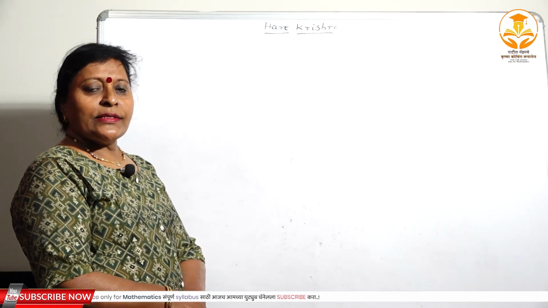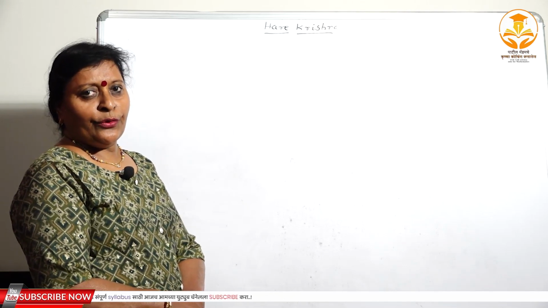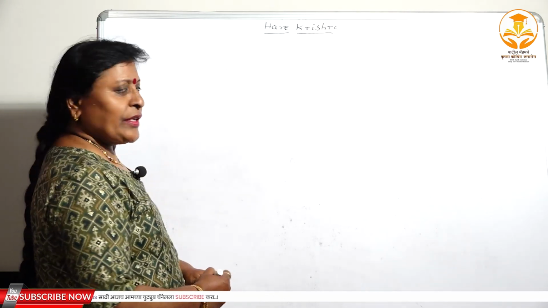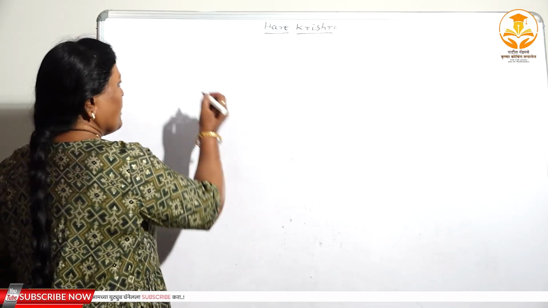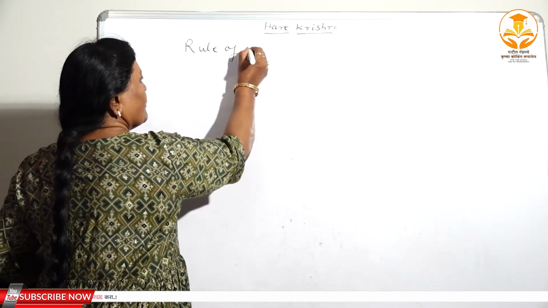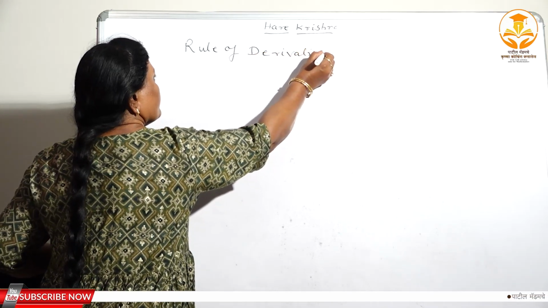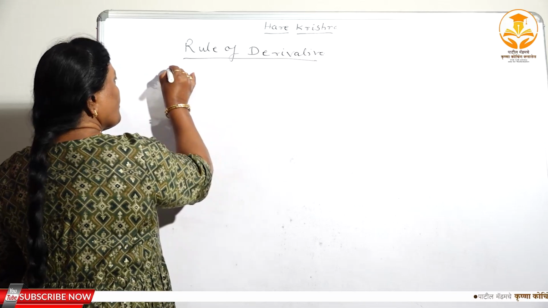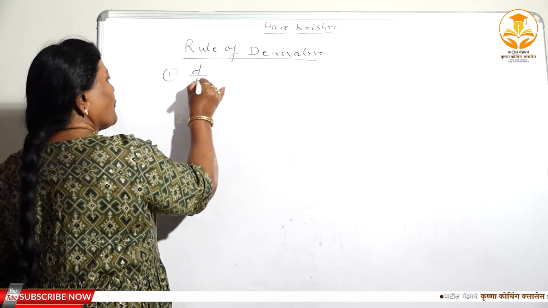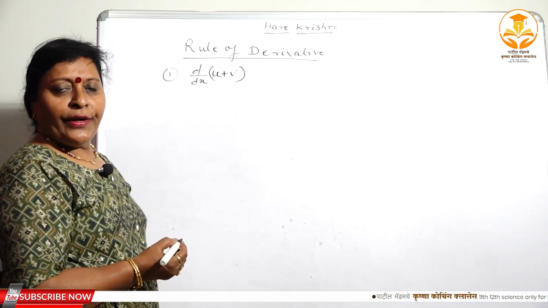Now if there is an addition of two or more than two functions, how will you find out the derivative? The first rule: if there is an addition of two functions, u plus v, then how will you find out the derivative?